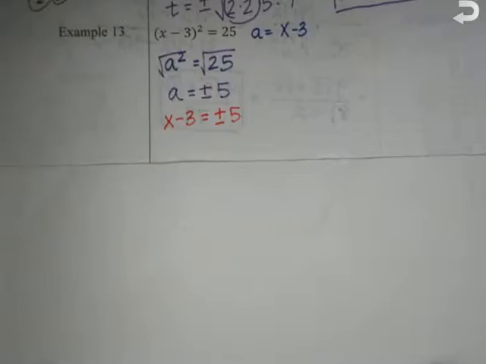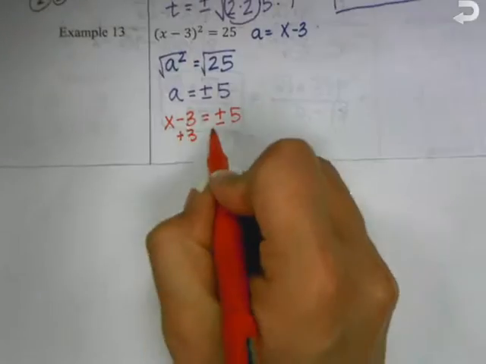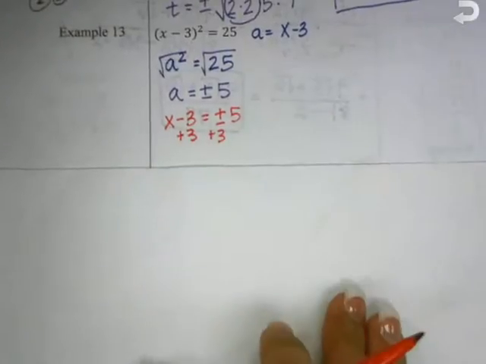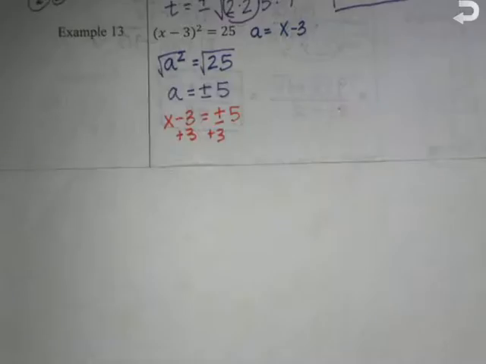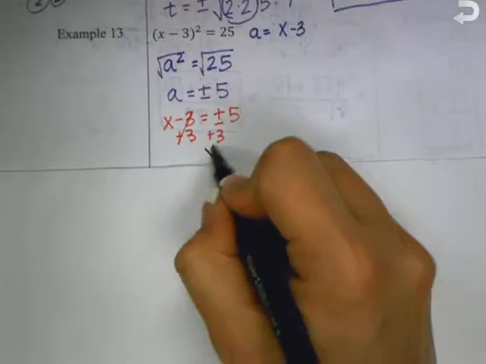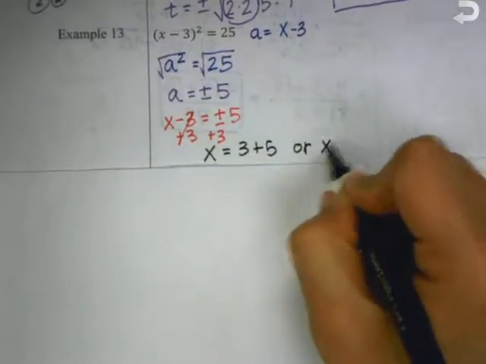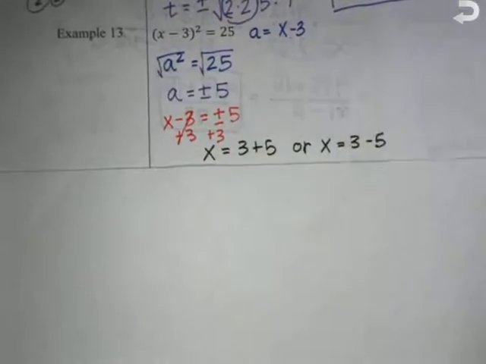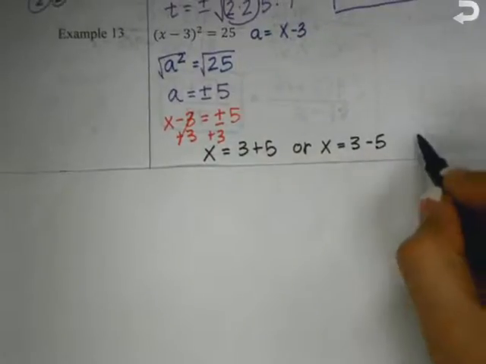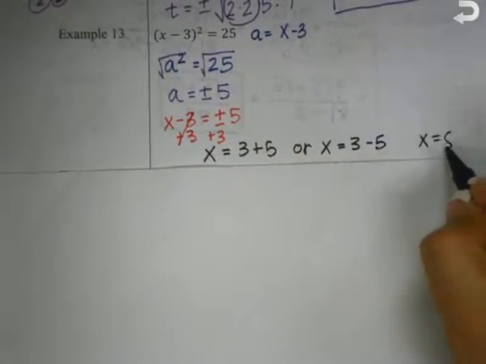I add 3 to both sides. So in this case, I'm actually going to get 2 different answers. My 2 answer choices, these cancel, are going to be x equals 3 plus 5 or x equals 3 minus 5. So what would that be? X equals 8 or x equals -2?